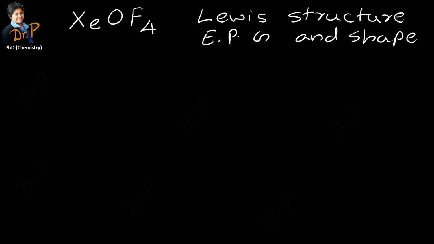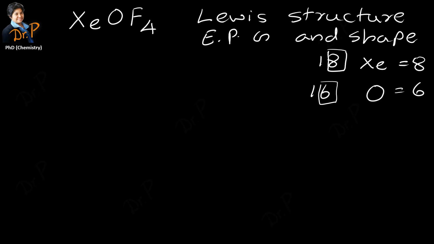To draw the Lewis structure, first figure out the total number of valence electrons. Xenon is a noble gas. It's in group 18, so it has 8 valence electrons. Oxygen is in group 16. It has 6 valence electrons.